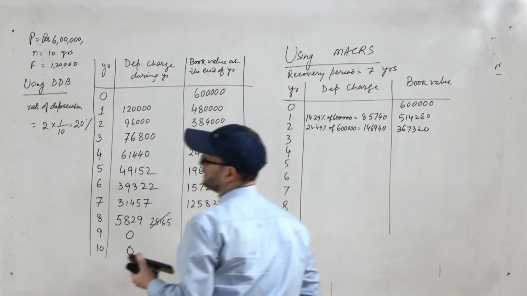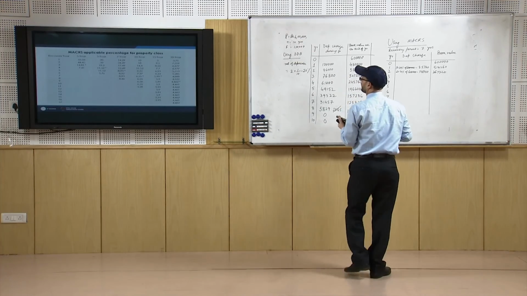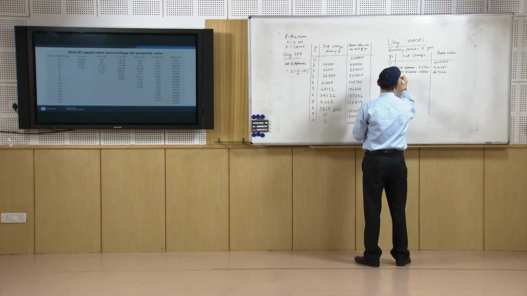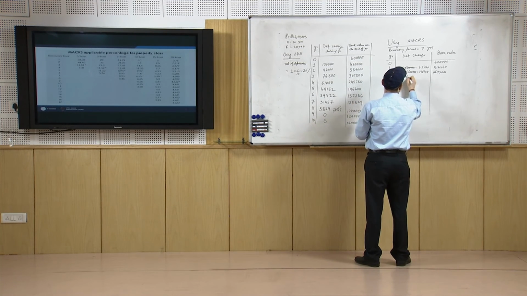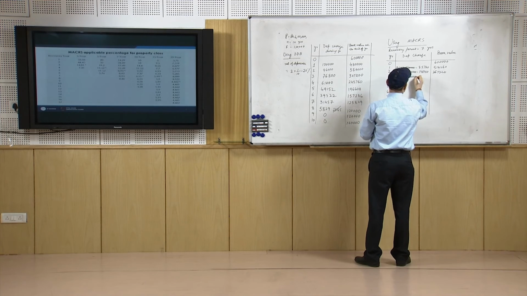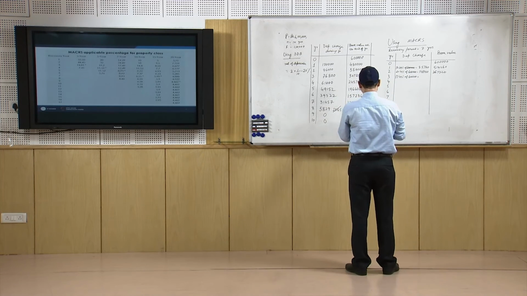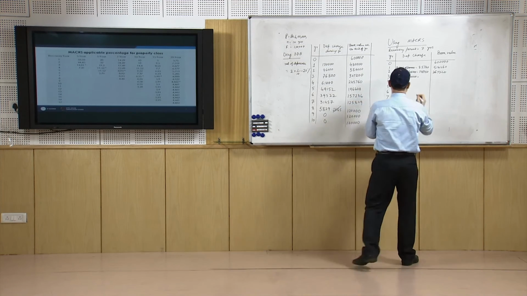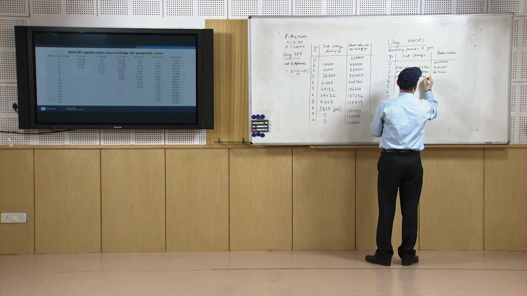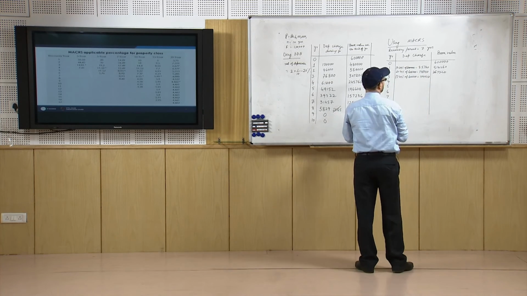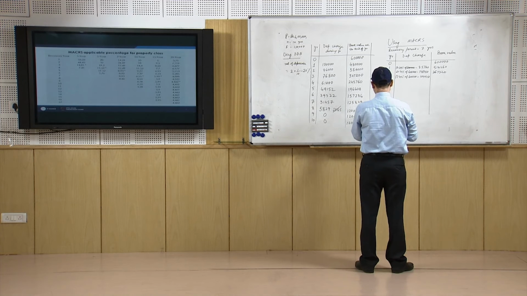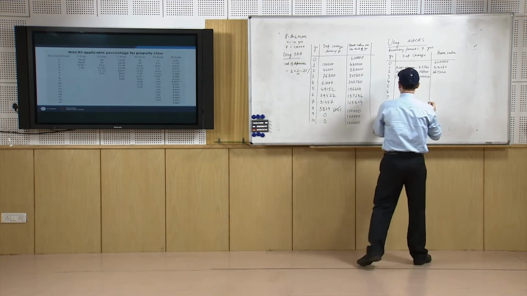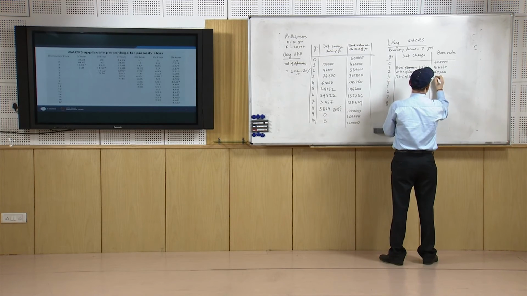So, in the third year it will be 17.49% of 6 lakh. So, it will be 104,940 subtracted from 367,320, it comes out to be 262,380.